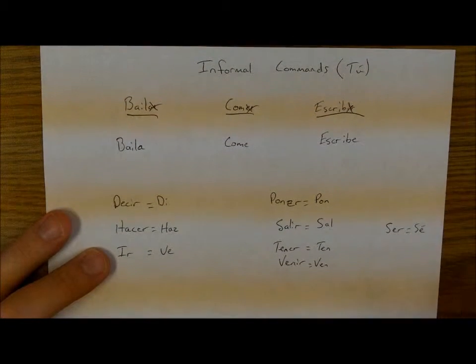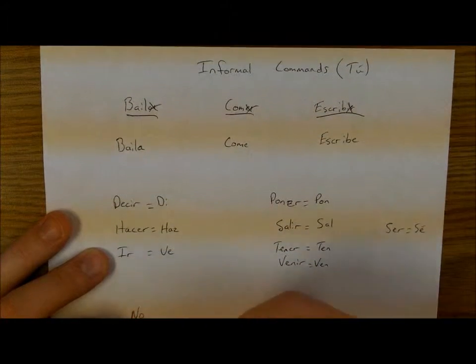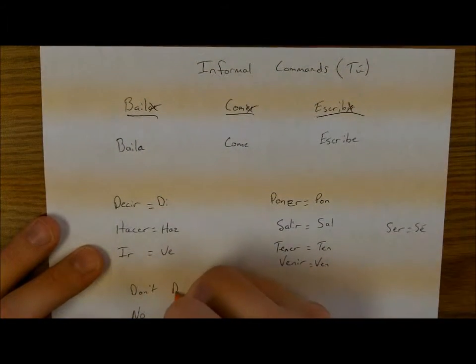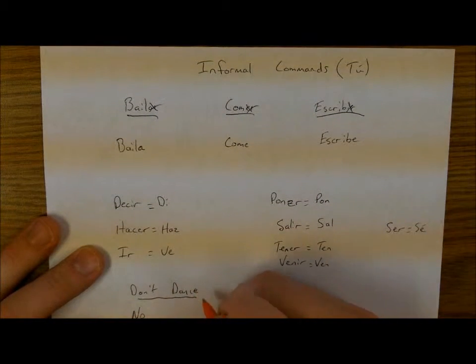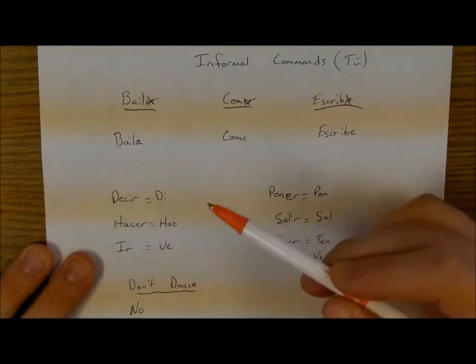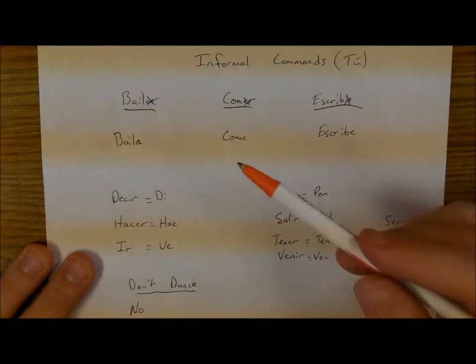Let's say we want to take bailar and make it negative. Someone is dancing and I want to say don't dance. We know how to make everything negative in Spanish: you just put a no in front. Step number 1, put the no. Step number 2, now we have to do something a little funky. You put the verb in the yo form present.